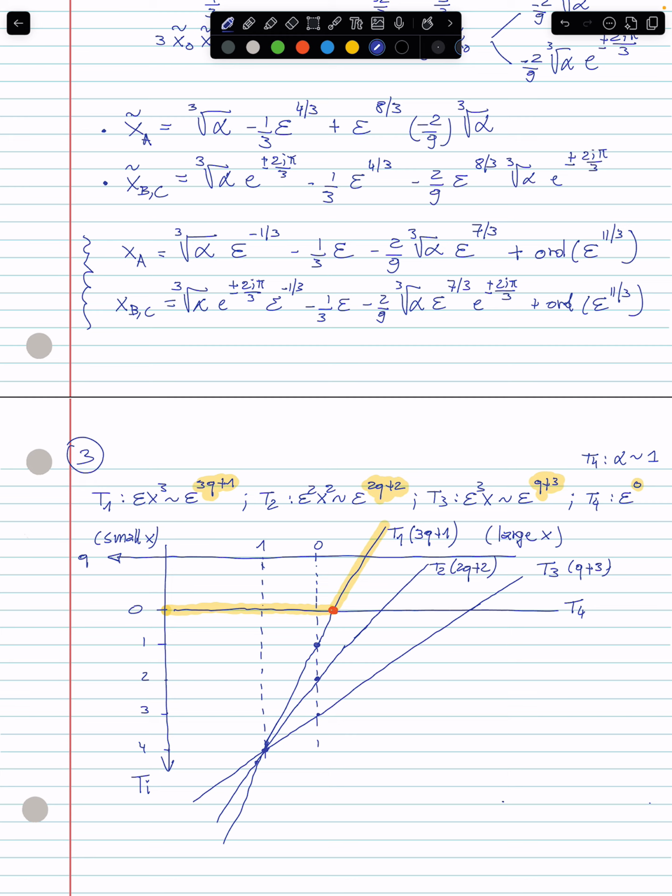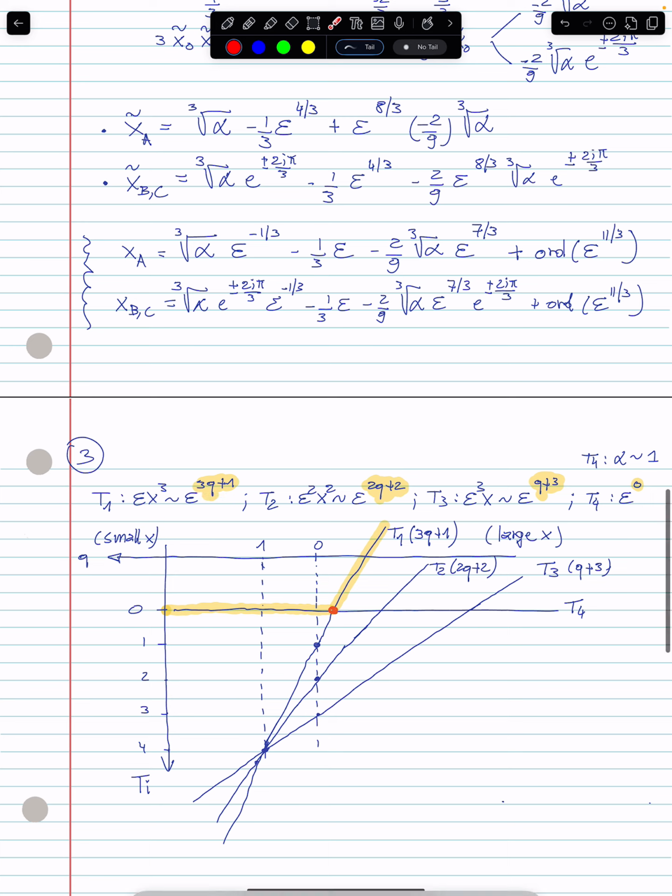What we can do in the discussion is just observe what happens if we change the order of magnitude of alpha. If we change it, the only place that is affected is this one; the others remain unchanged.